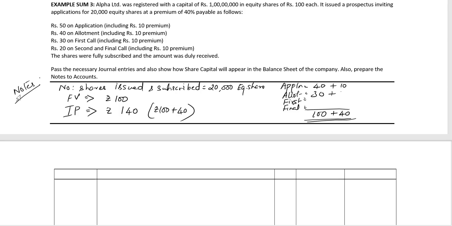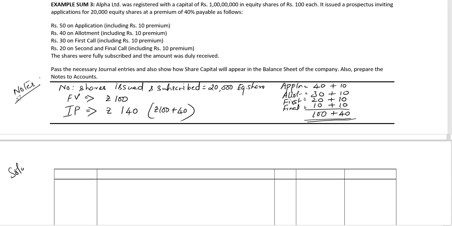So that's 30 plus 10. First call is rupees 30 including 10 premium. So that's 20 plus 10. And the final call is rupees 20 including rupees 10 premium. So that is 10 plus 10. On adding, the share capital total comes to 40 plus 30 plus 20 plus 10, 100, and the premium also comes to 10 plus 10 plus 10 plus 10, which is 40.